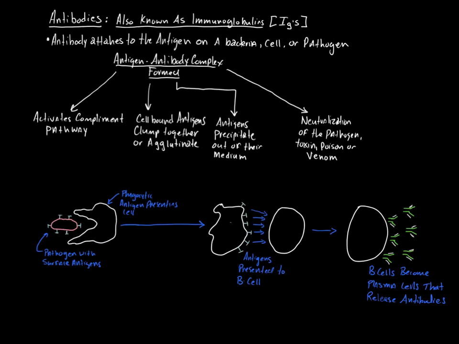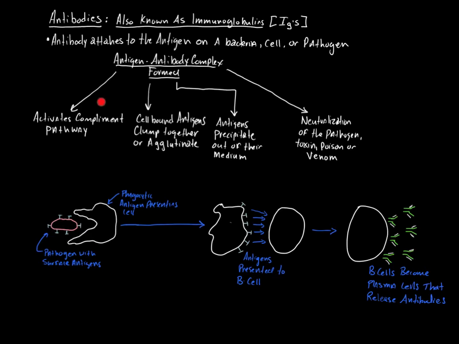So they're very useful for identifying self and non-self because they're so nuanced and complex. The antibody binds to the antigen and forms what's known as an antigen-antibody complex. This can result in several things occurring.